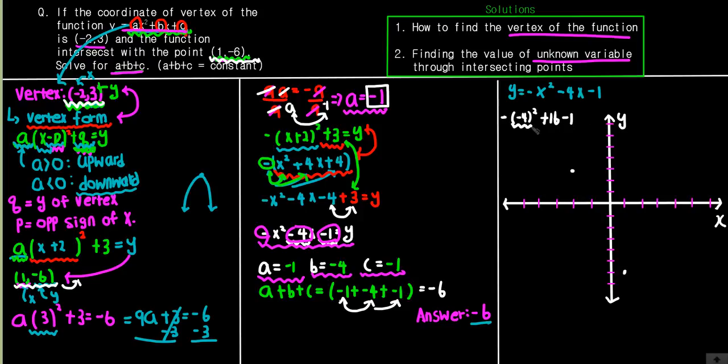And negative 4 squared will turn into positive 16, but we have a negative, which means it will turn to negative 16. Plus 16 will turn into 0, and we get negative 1. So when you input the value of negative 4, the y value, which is the output of our function, is going to be negative 1.